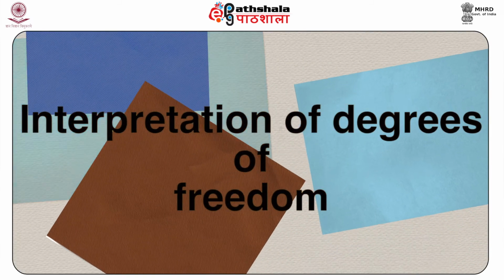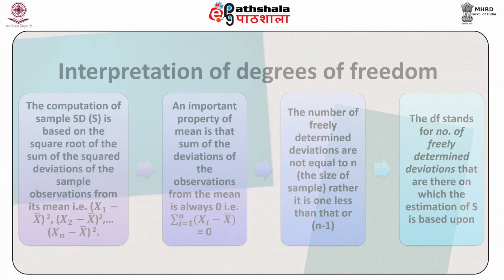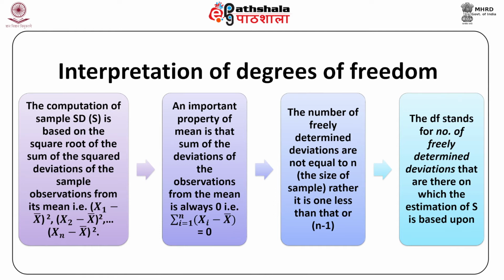Let us try to understand the interpretation of the degrees of freedom in this section 3.4. So before proceeding further, it is essential to explain the concept of degrees of freedom and why its value is equal to n minus 1 in our current case. The computation of sample standard deviation S is based on the square root of the sum of the square deviations of the sample observations from its mean, which means these are equal to x1 minus x bar square, x2 minus x bar square, and so on up to xn minus x bar square.